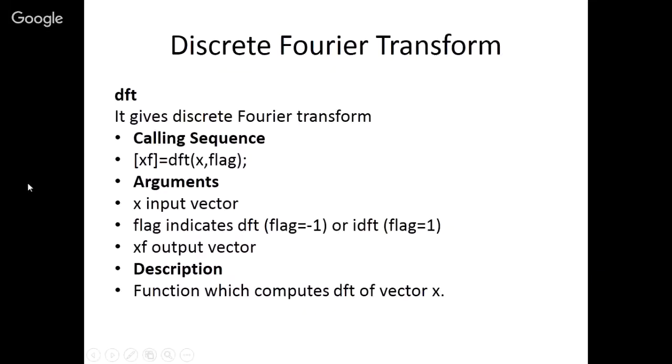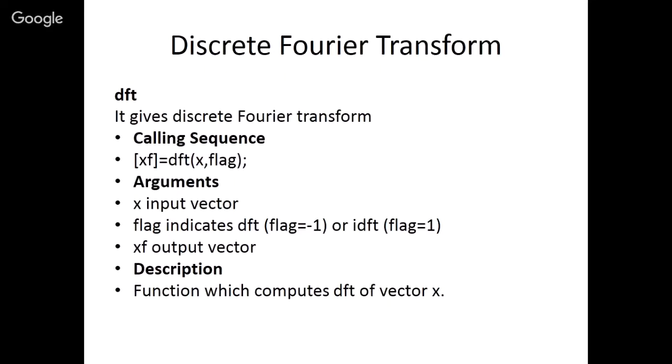So the command for the discrete Fourier transform is DFT. In MATLAB, for DFT we get the DFT command, and for the inverse DFT we get the IDFT command. But in Scilab, for DFT we use the dft command, and for inverse DFT also we use only the dft command.